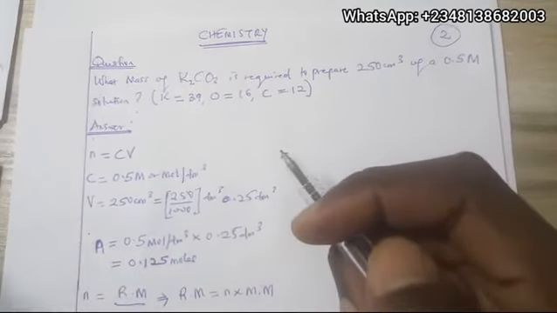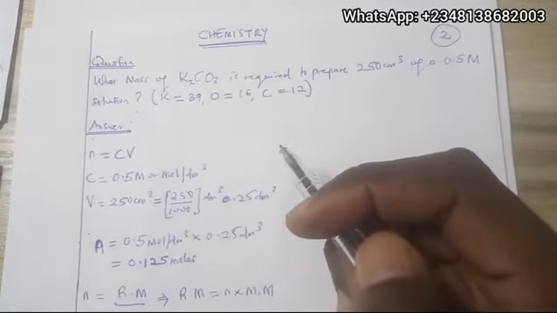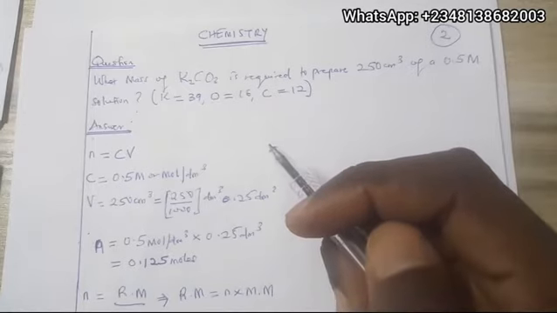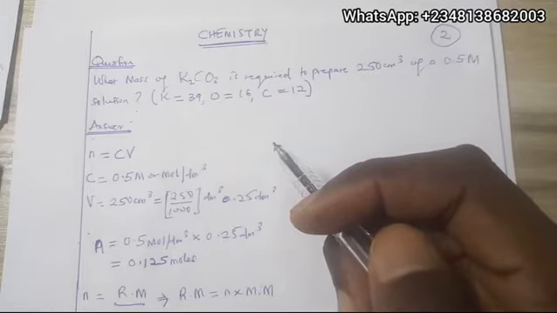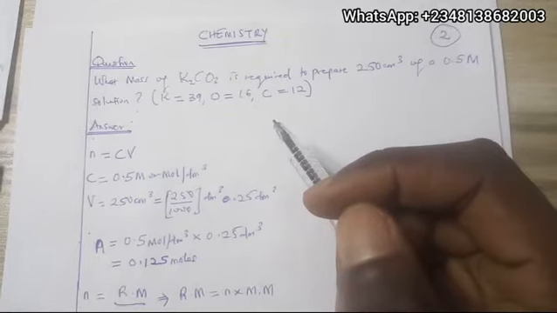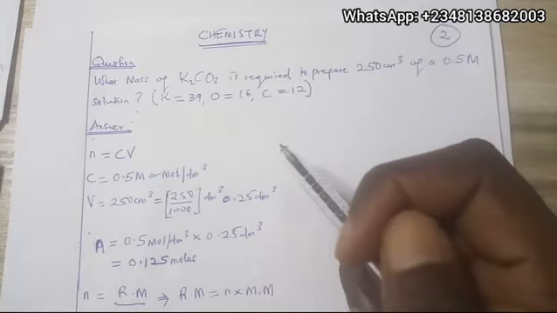Okay, to be able to determine the mass of potassium trioxocarbonate(IV) needed, we need to first of all determine the number of moles of potassium trioxocarbonate(IV) in a 0.5 molar solution that occupies 250 cm³ volume.